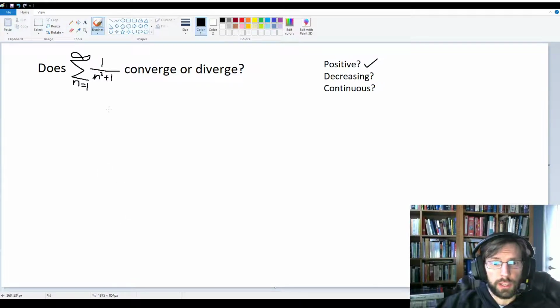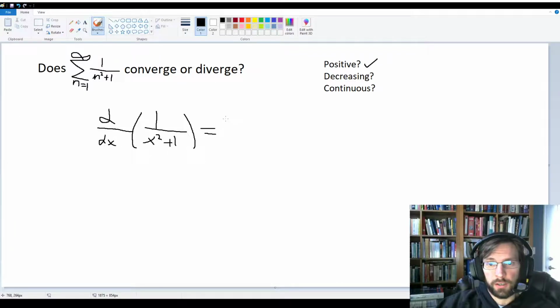Okay, so if we take the derivative with respect to x of 1 over x squared plus 1. Okay, so we're replacing the n up here with an x down here. Using the chain rule, we should get negative 2x over (x squared plus 1) squared.